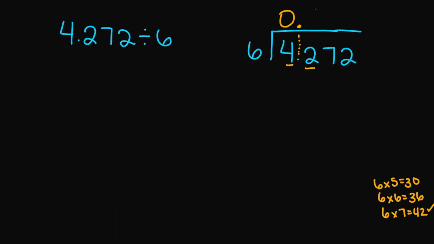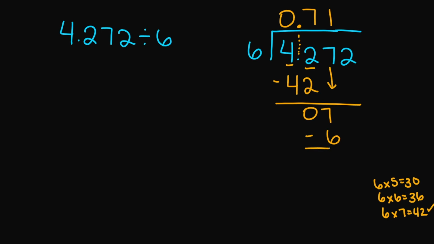6 times 7 is 42. So I'm going to write a 7 on top here. 6 times 7 we said was 42. 42 minus 42 is going to equal 0. Now I'm going to bring down my 7. 6 goes into 7 now how many times? It only goes in 1 time. 6 times 1 is going to give us 6. 7 minus 6 is 1.